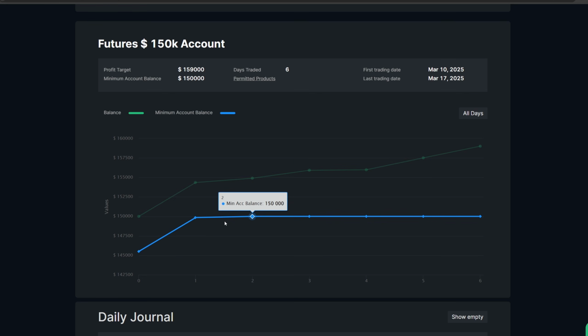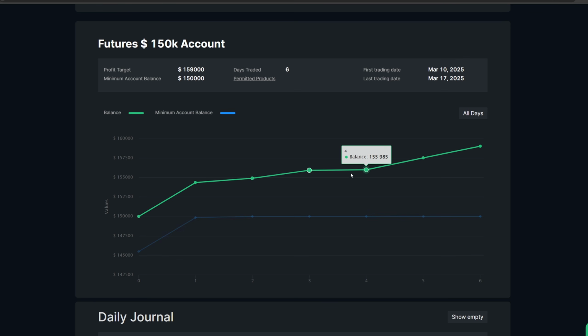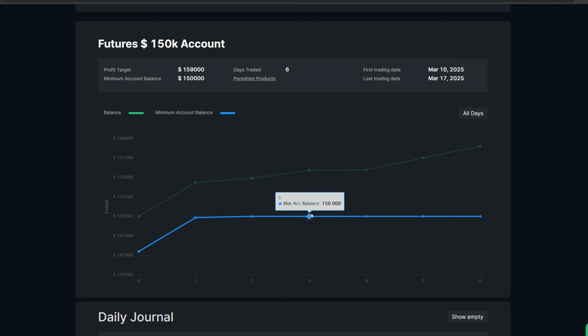So in this case, and this works for the test account as well as the funded account stage with Take Profit Trader, once the drawdown has moved up $4,500, meaning I've had $4,500 of drawdown, notice once the drawdown hits $150,000, as I continue to make profit throughout the remaining of this challenge, we can see that the drawdown essentially stopped at $150,000. This essentially is now making it a static drawdown.